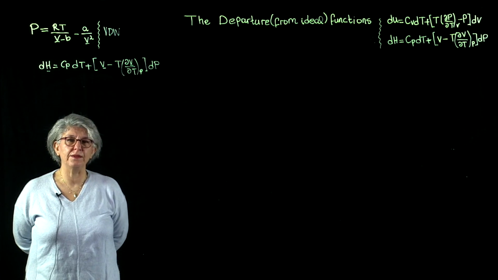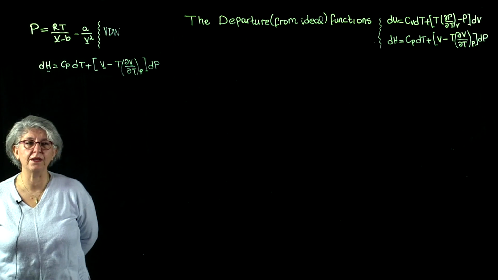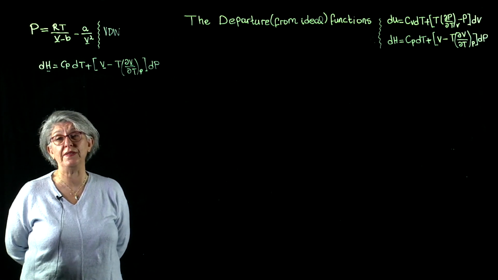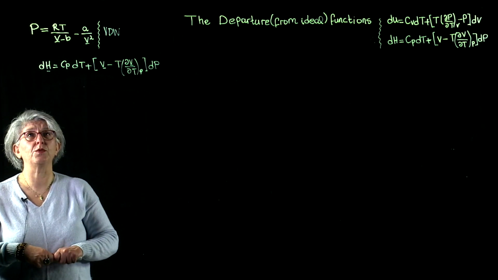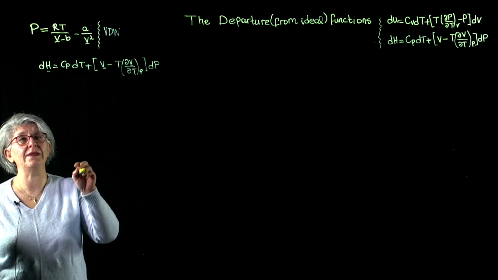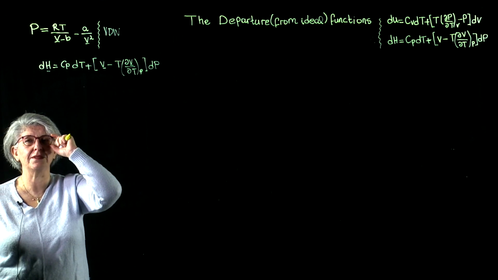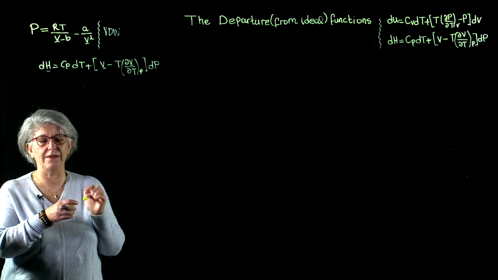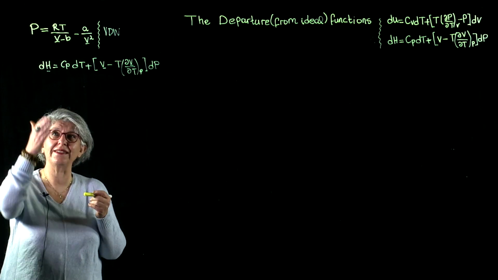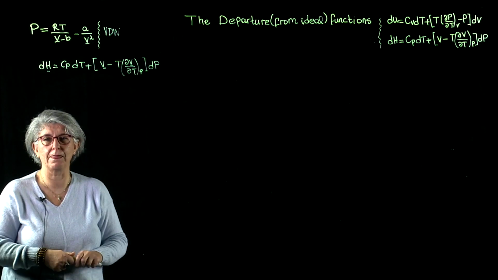Now let us look at how we can obtain the real fluid heat capacities. Sometimes we need real fluid heat capacities. Let's see how the real fluid heat capacity is going to behave given the enthalpy information.